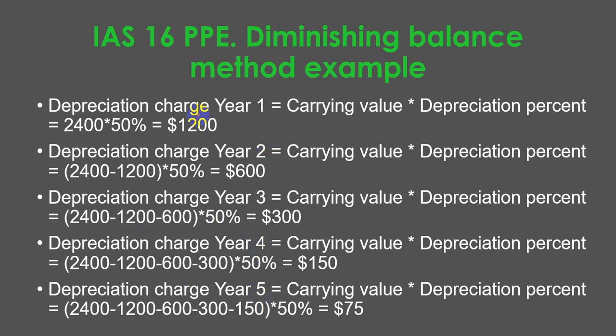And if we just sum up all the depreciation charges for all 5 years, it will give us $2,325 if we just sum up this one, and this one, and also these two.